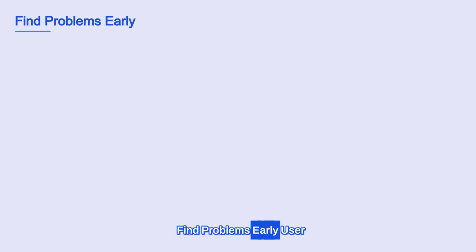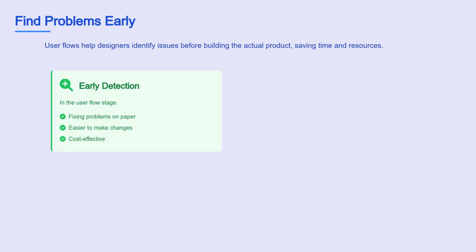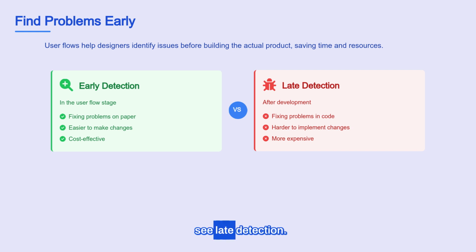Find problems early. User flows help designers identify issues before building the actual product, saving both time and resources. On the left, we see early detection. At the user flow stage, problems can be fixed on paper, changes are easier to make, and it's cost-effective. On the right, we see late detection.